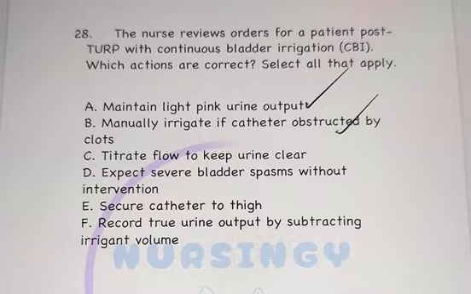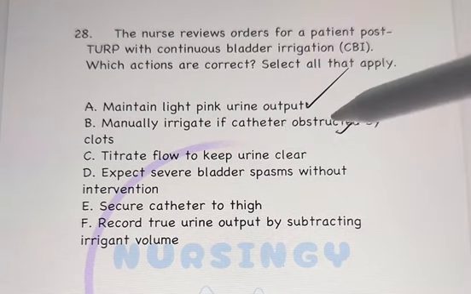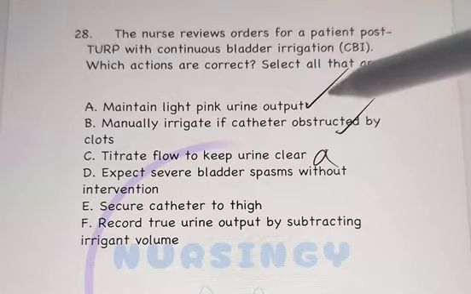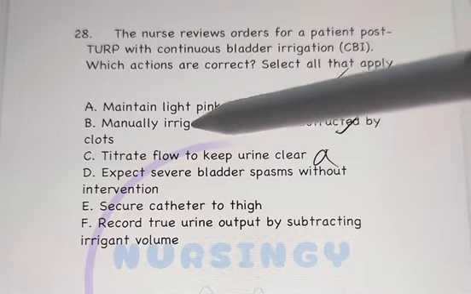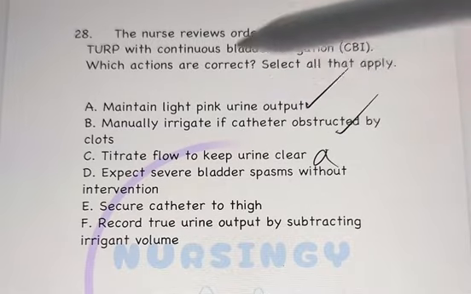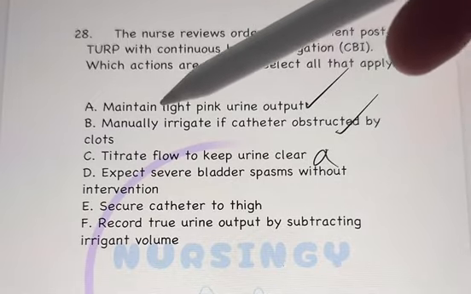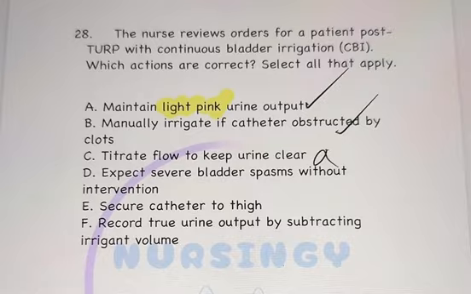Titrate flow means increase the flow. So we are not going to titrate flow to keep urine clear. We don't want to increase the flow. Our goal is to keep it light pink, not clear. This is our goal in a patient with continuous irrigation.